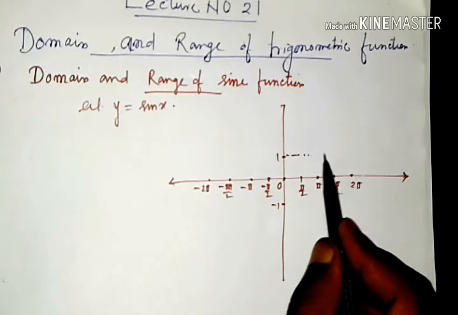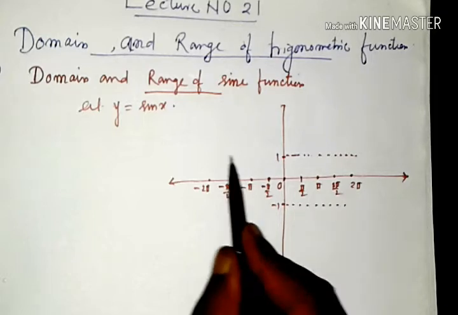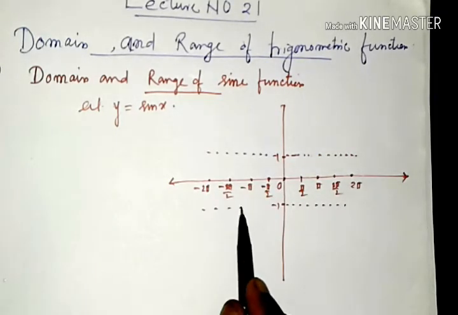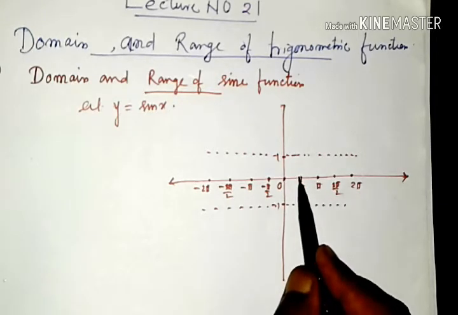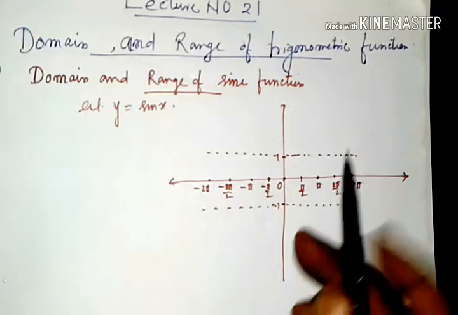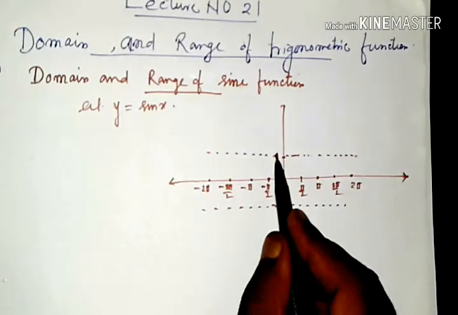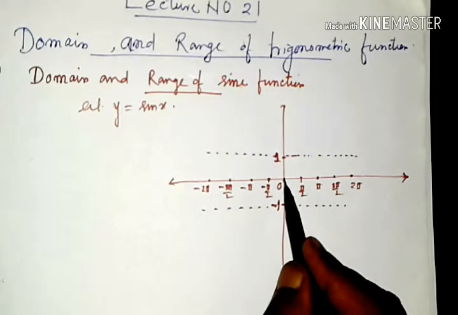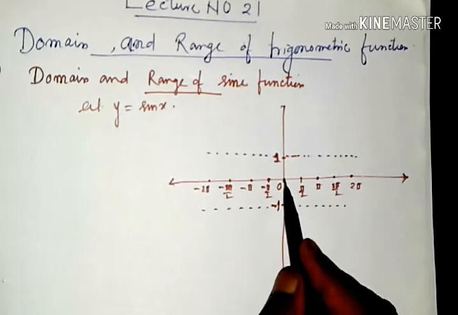The graph of the sine function will oscillate in between minus 1 and 1. So at x is equal to 0 degree, sin x is 0.